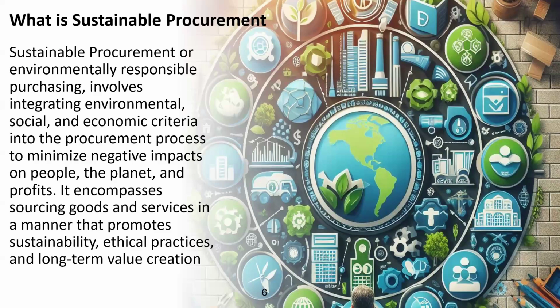Now, what is sustainable procurement? Same as sustainability, it is environmentally responsible purchasing, which involves integrating again the three main components, environment, social and economic criteria, into the entire process of procurement to minimize negative impacts on people, planet, and profits.